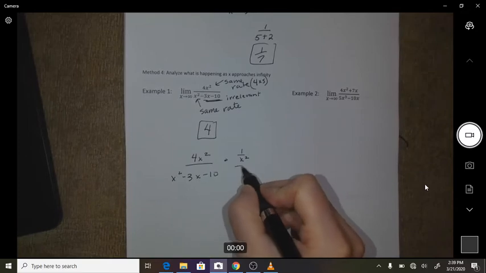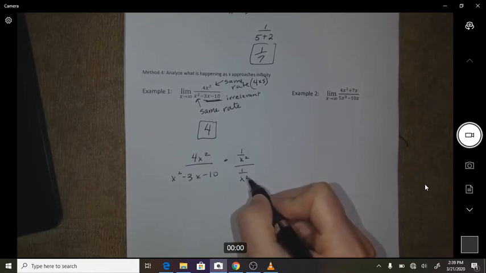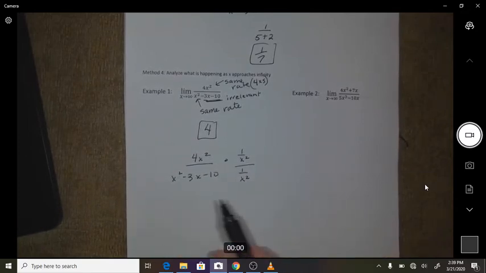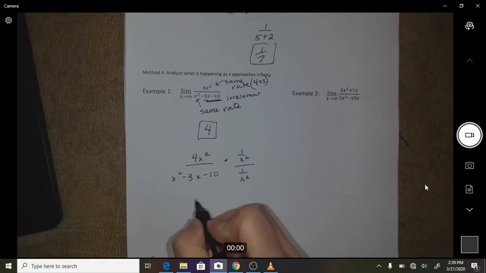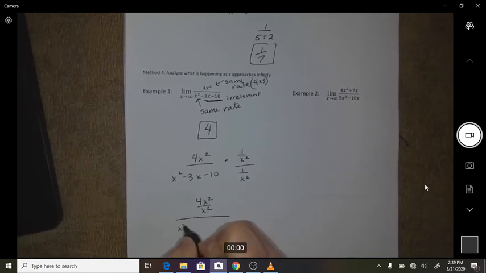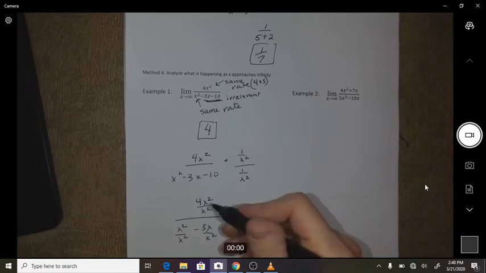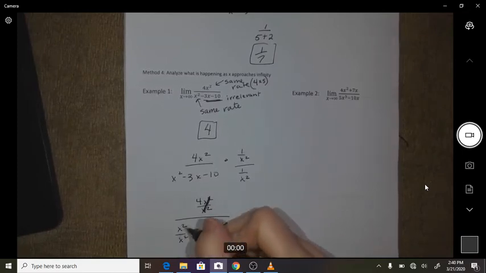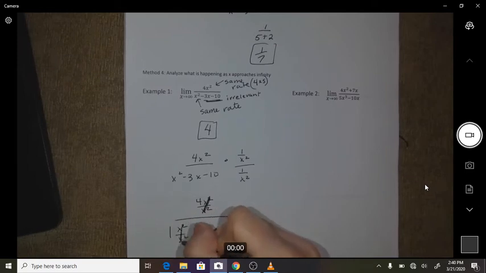If we take everything divided by x squared, this is 4x squared over x squared, so this would cancel, and this would just cancel to be 1.